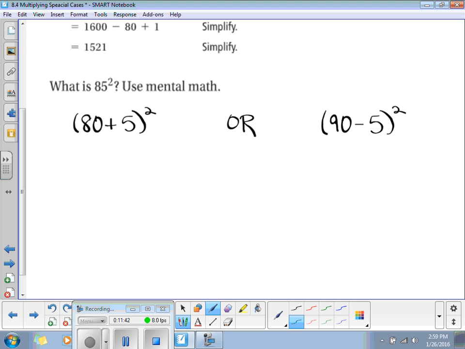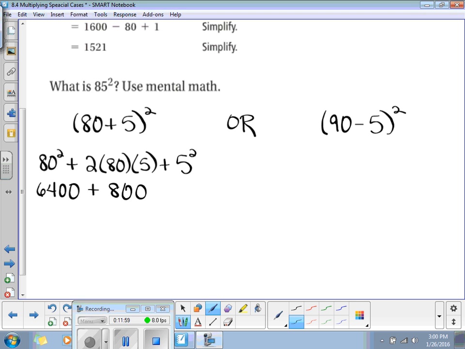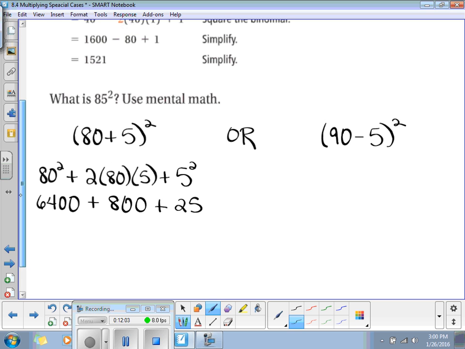So we have 80 squared plus 2 times AB, which is 80 times 5, plus B squared, which is 5 squared, which is 25.